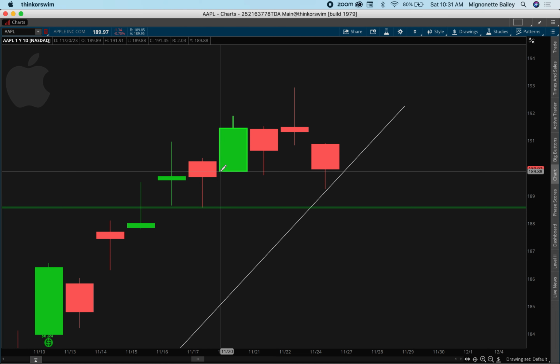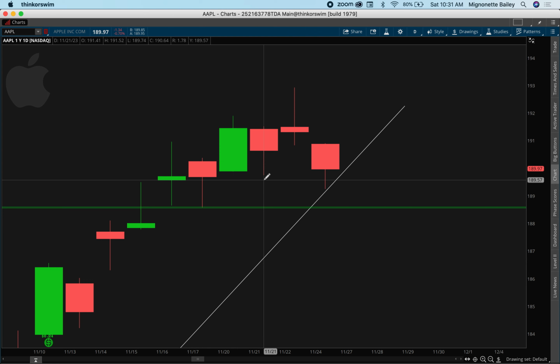This is looking like a support zone as well. We had support here, we're still above it here and here, and then we wicked down and held that level right there. So this is a zone that I would just keep an eye on.